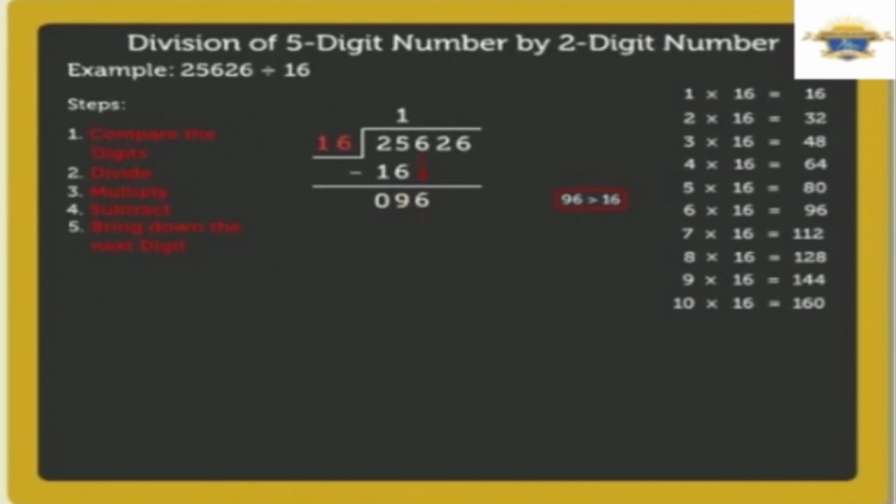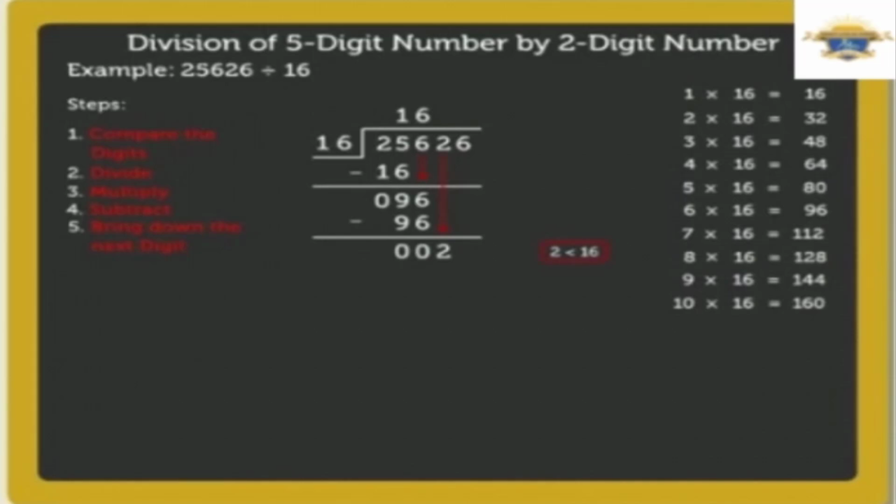As we know, 16 times 6 equals 96. Write 6 in the quotient up and subtract 96 from 96 to get 0. Now, bring down the next digit, that's 2.